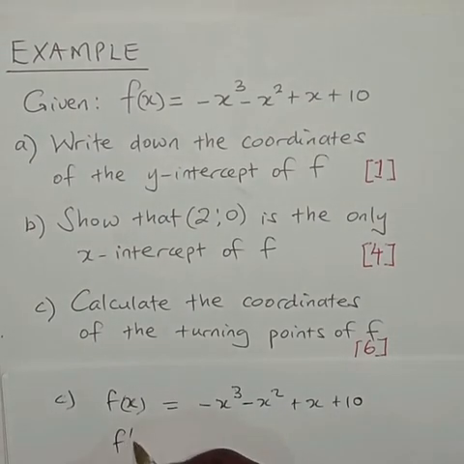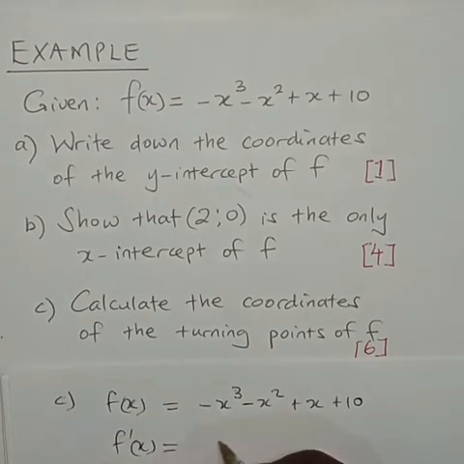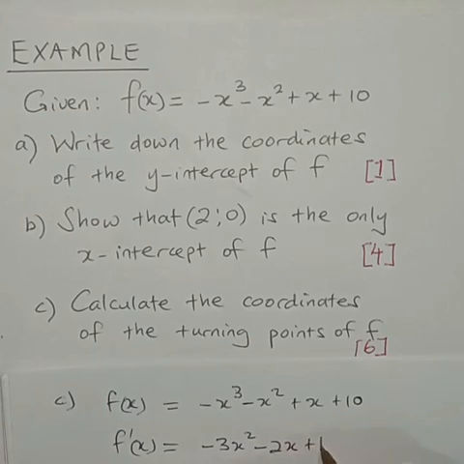So f prime x is equal to minus 3x squared minus 2x plus 1. This is 0 at all the turning points.